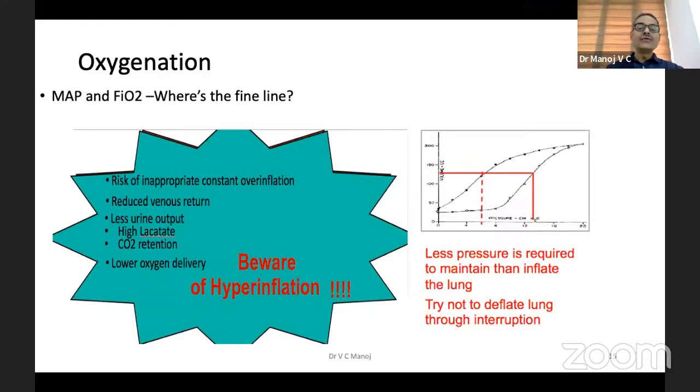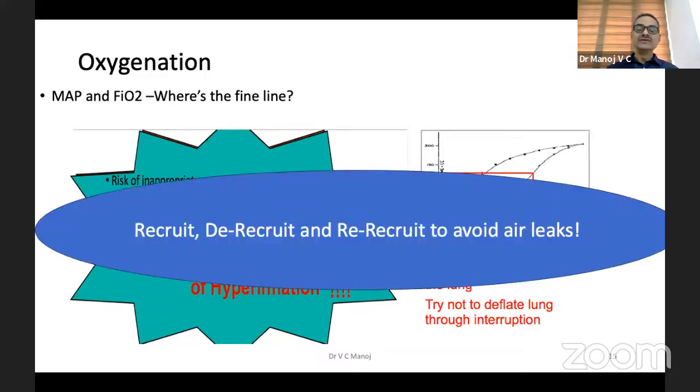So how do we oxygenate properly? In the current era, how do we use the MAP button? You use this mantra: recruit, de-recruit, and re-recruit, which means you use a higher pressure to recruit the alveoli, and the mean airway pressure you use to recruit may be as high as 18 or 20. As soon as you achieve your recruitment, you wean.